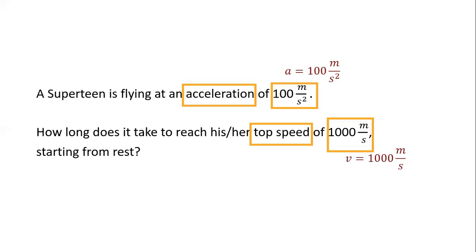Because sinabi dito, top speed, it is the highest speed that the super teen can fly. And since it is the highest or the limit, you will think that it should be the final velocity. Okay. Now, what are other things that are mentioned in this problem?